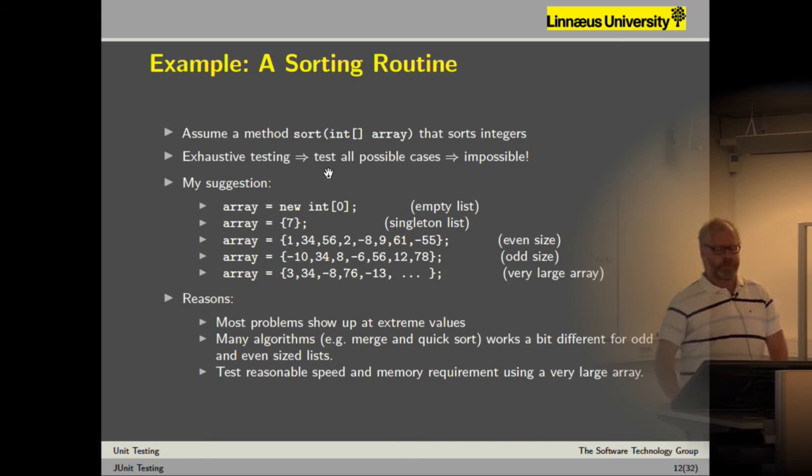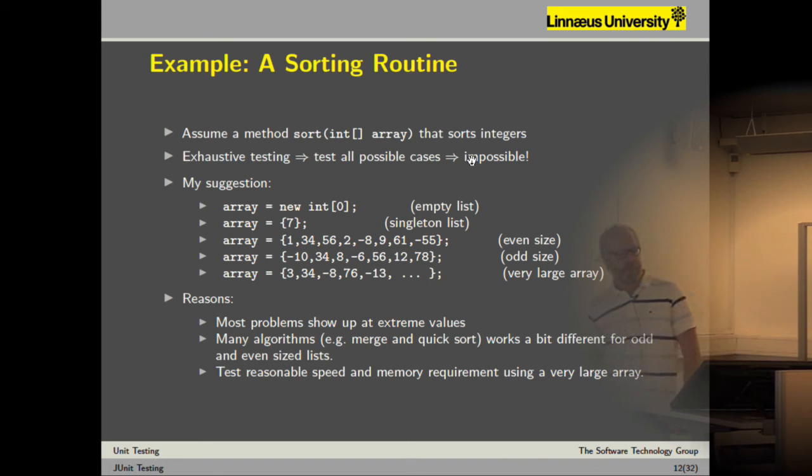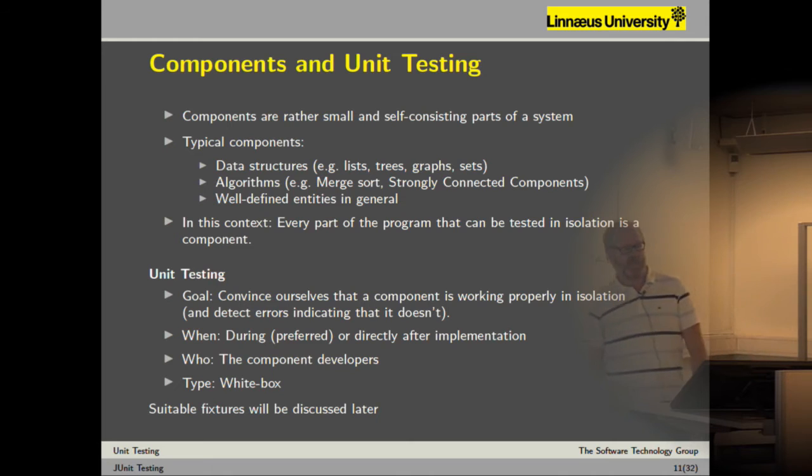Exhaustive testing, test all possible cases. Well, it's impossible. There is an infinite number of different arrays. So how many tests do you need? We should consider the range of them that covers almost all of them. For example, yeah, but the range might change. The length of the array can be anything from 2 up to 2 million.